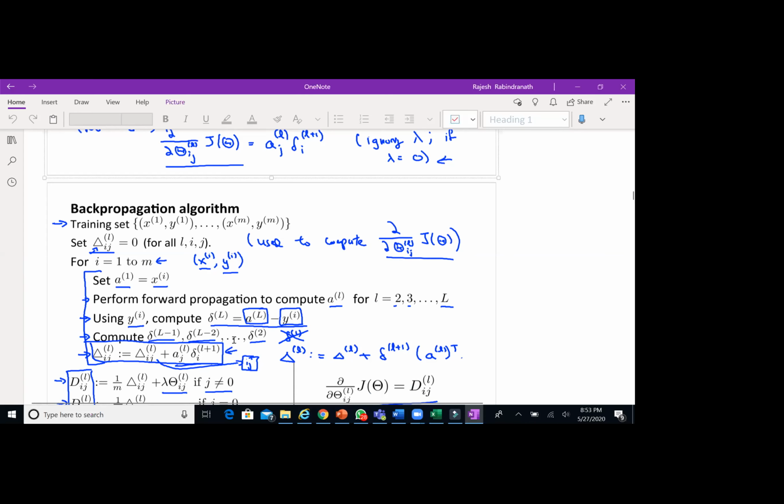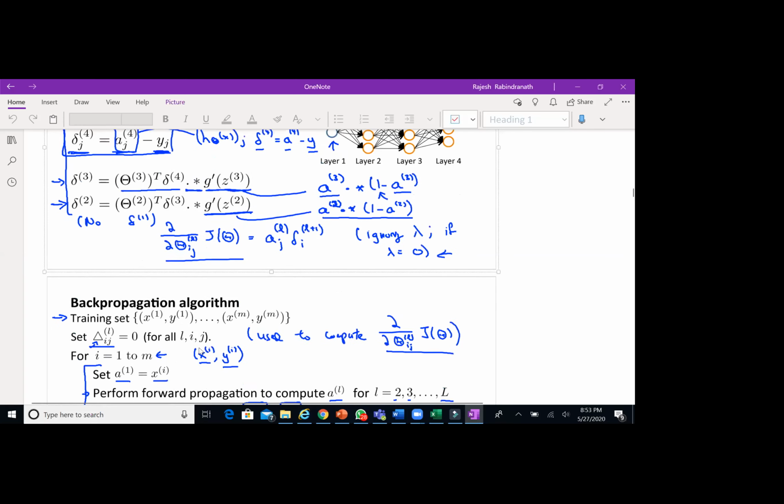Then you calculate all the backward propagation up to delta 2, because delta 1 you won't calculate, keep that in mind. And then you calculate the cost function of that particular layer; the initial value is 0 when you take the first value. If you remember, that is exactly what we came to here.